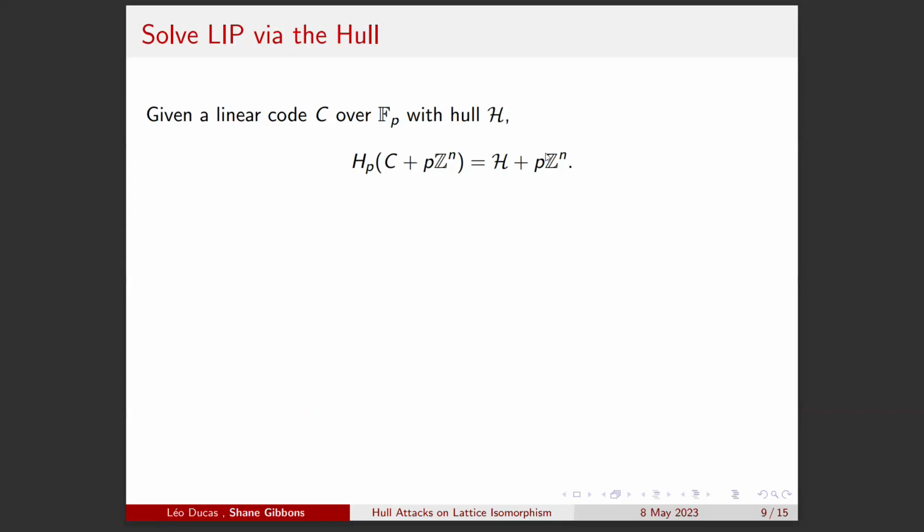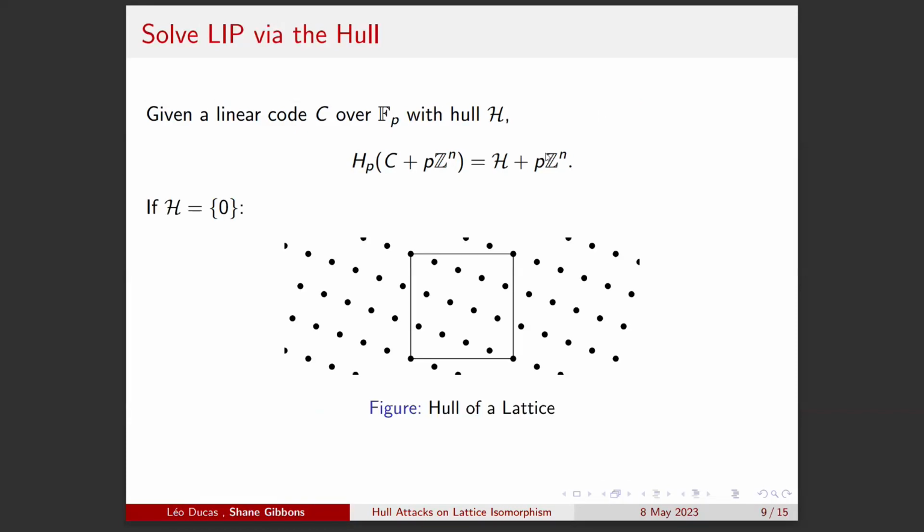Importantly, the lattice hull of your construction A lattice coming from the code C is equal to the construction A lattice coming from the hull of your code. And as before, codes with a trivial hull are easier to work with, and it's the same in construction A lattices.